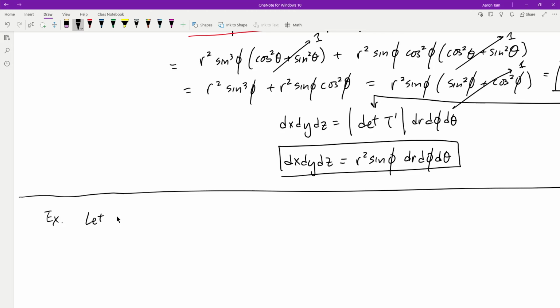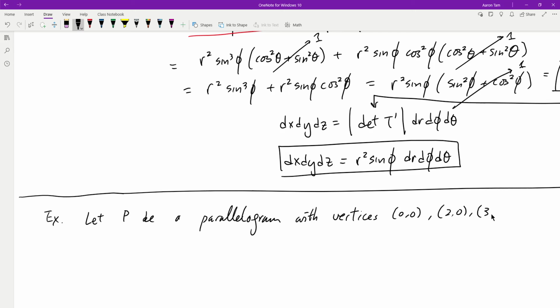Let P be a parallelogram with vertices (0, 0), (2, 0), (3, 1), and (1, 1).